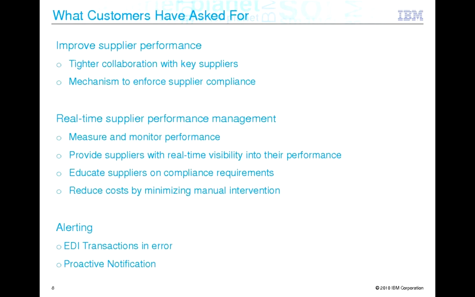You need to understand how everybody is doing and if they're meeting your SLAs, and that way you can get that tighter collaboration. We can also, like we discussed before, request additional documents to be traded with those trading partners.